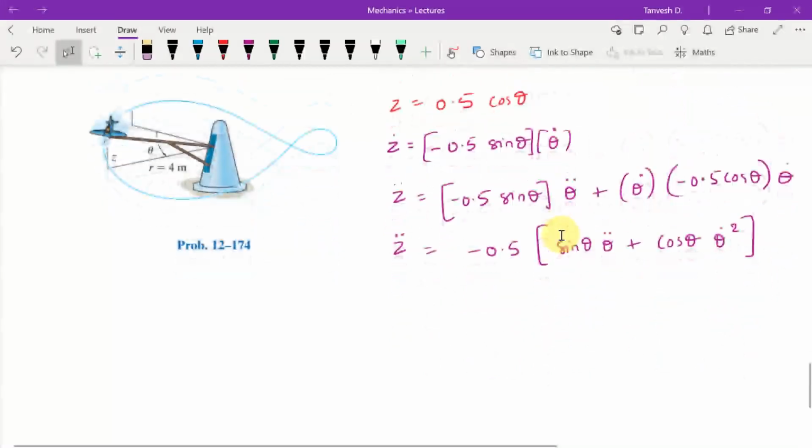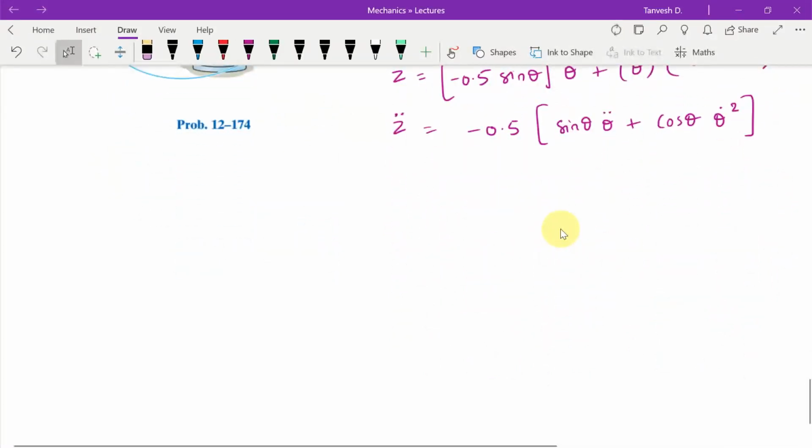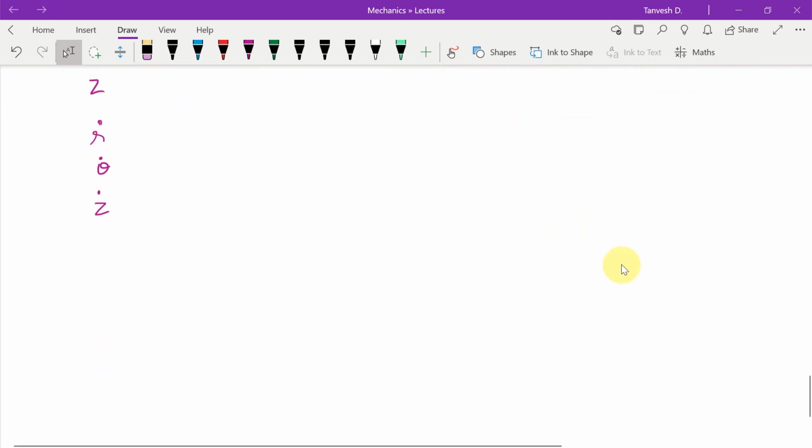Let me make a table here actually. We will say r, theta, z, then r dot, theta dot, z dot, and r double dot, theta double dot, z double dot.